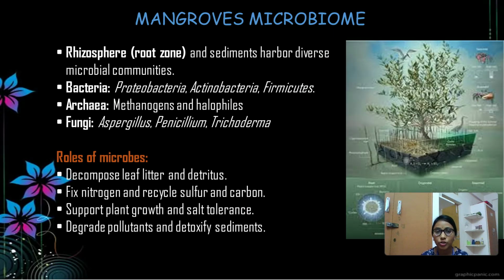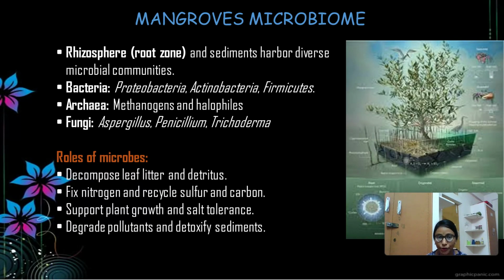So coming to the mangrove microbiome, as we know, a microbiome means the group of different kinds of organisms present in an area. The microbiome related to the mangroves is called the mangrove microbiome. Mainly the microbes are present in the rhizosphere, meaning the root zone, and the rhizosphere acts as a harbor for microbial communities like many bacteria, archaea, and fungi.